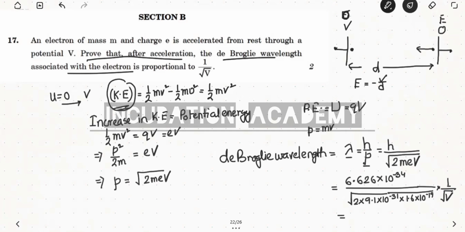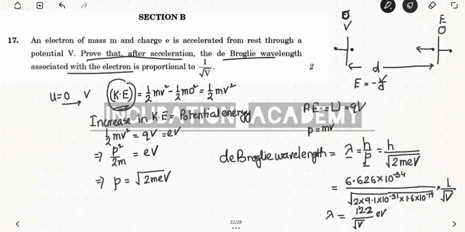If you calculate 6.626 into 10 to the power minus 34 divided by root over 2 into 9.1 into 10 to the power minus 31 into 1.6 into 10 to the power minus 19, this comes as 1.22 nanometres, obviously a constant, divided by root over V, with V in electron volts.